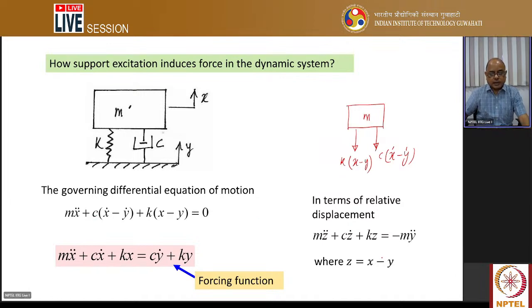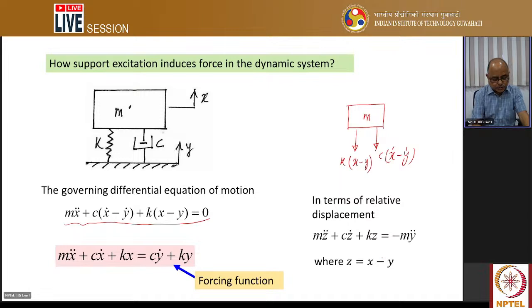You can see here that if I write the equation of motion, it appears that there is no forcing term; the right hand side is 0. So it may mislead that support vibration is a free vibration case, so how do we get the force? But if you rearrange this, you can see that the forcing term will exist, and it is due to the damping and stiffness properties of the system.